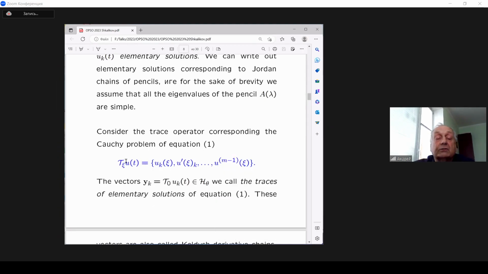So, to the solution u(t), we apply the trace operator. Here, psi is a fixed point on the real axis, and the trace of u_k at psi consists of the derivatives of u_k, where u_k^(m-1) is the (m-1)-th derivative of u_k.